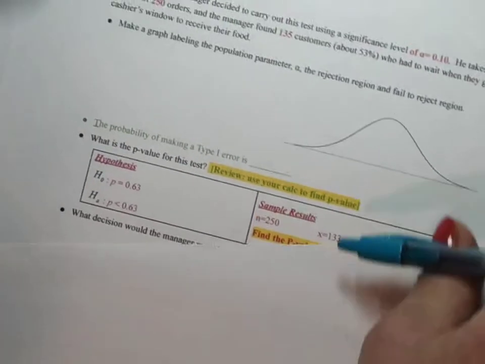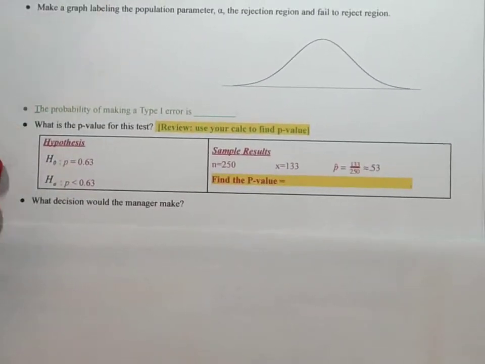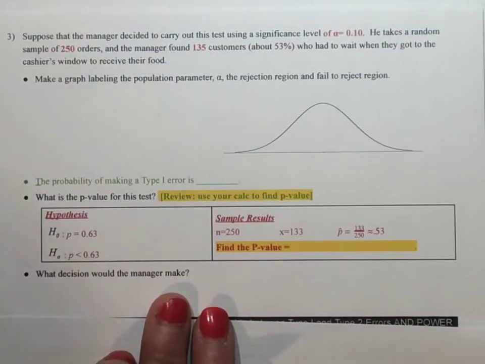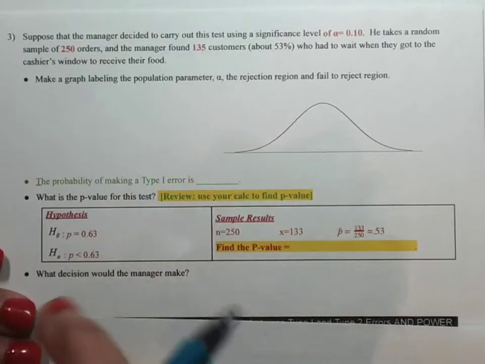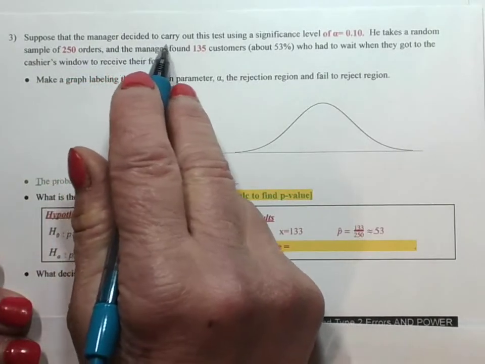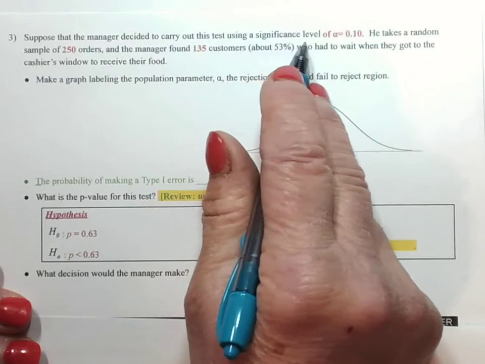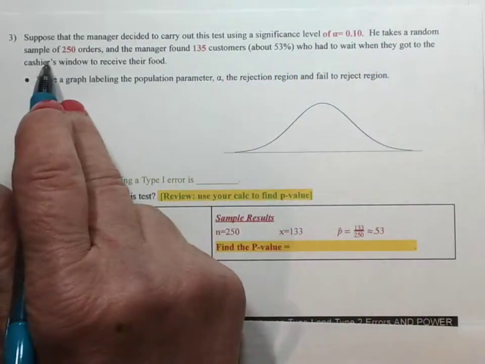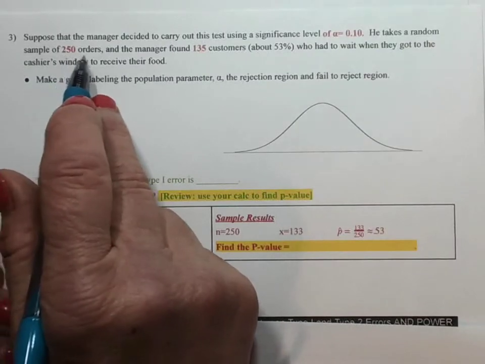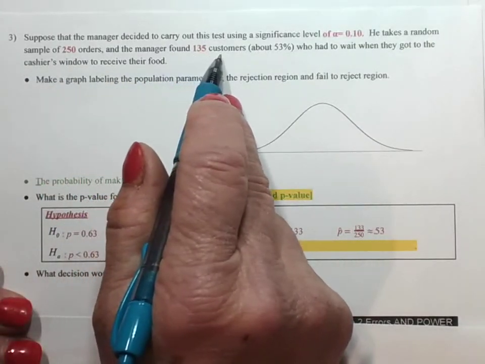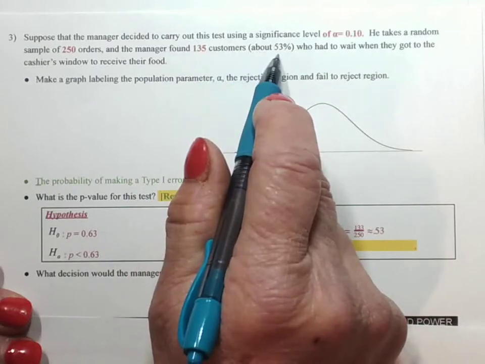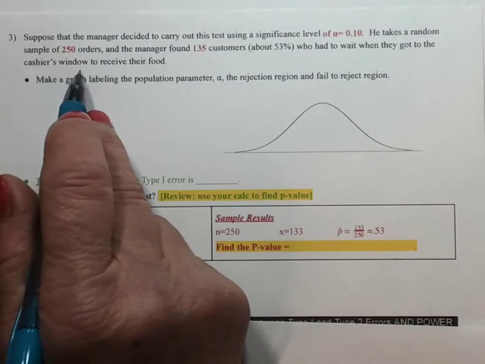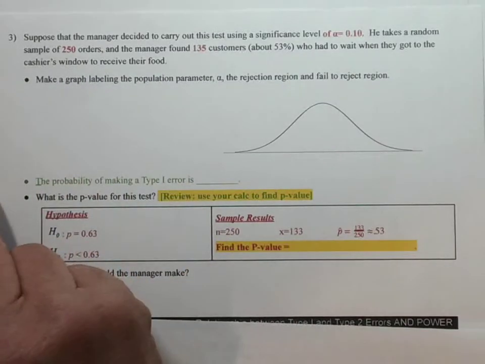So now let's go and have a little bit of a review here. Suppose that the manager decides to carry out this test using a significance level of alpha 0.10. He takes a random sample of 250 orders, and the manager found 135 customers, about 53%, who had to wait when they got to the cashier's window to receive their food.